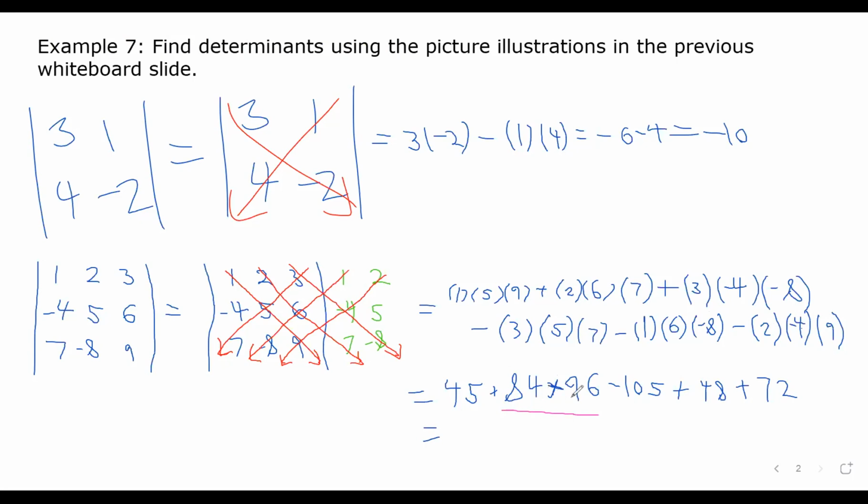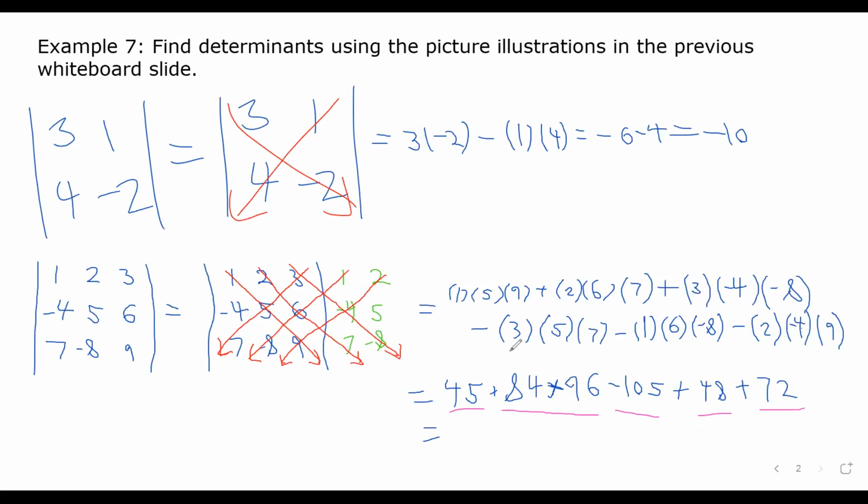Then 180 plus 45 is 225. 225 minus 105 is 120. 120 plus 48 is 168. 168 minus 72 is 96.